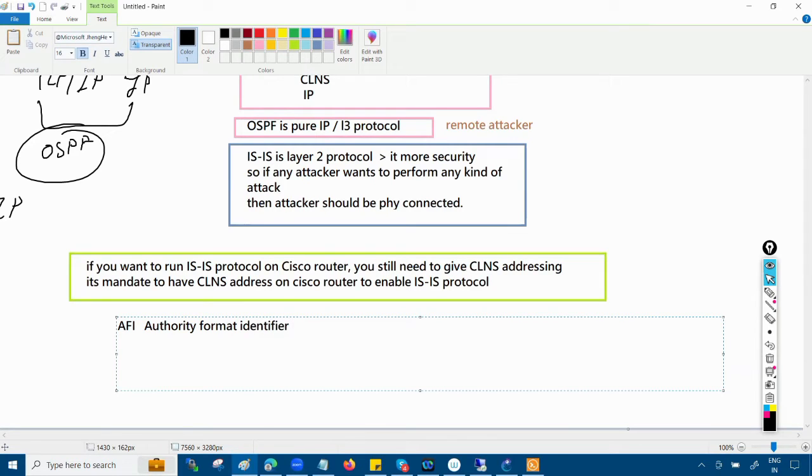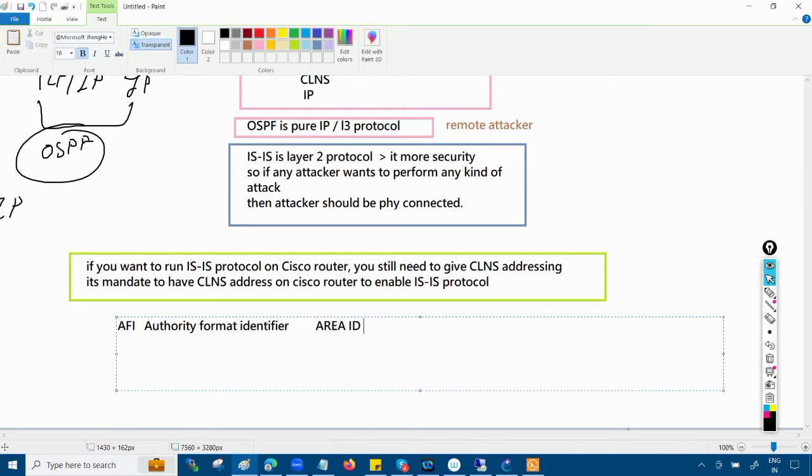That's the first value. The second value is the area ID, same as your OSPF area ID, nothing is different.